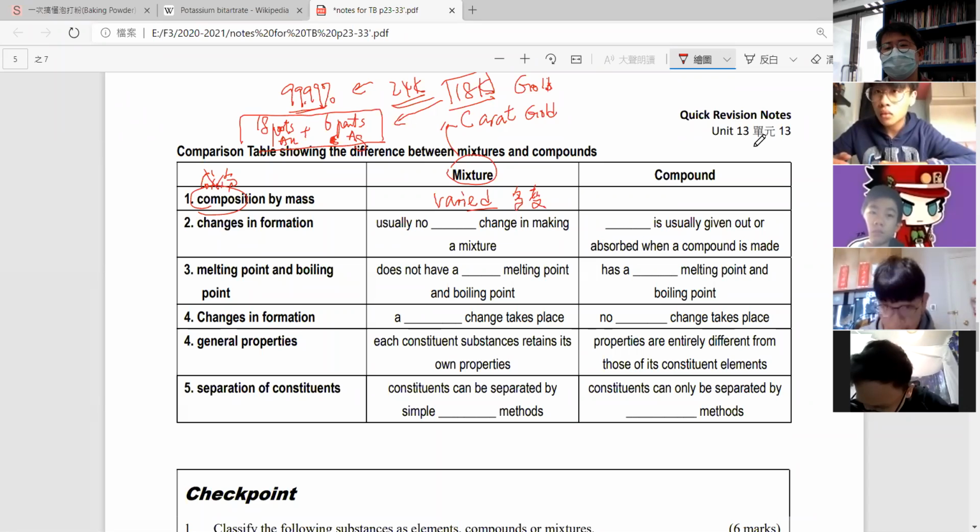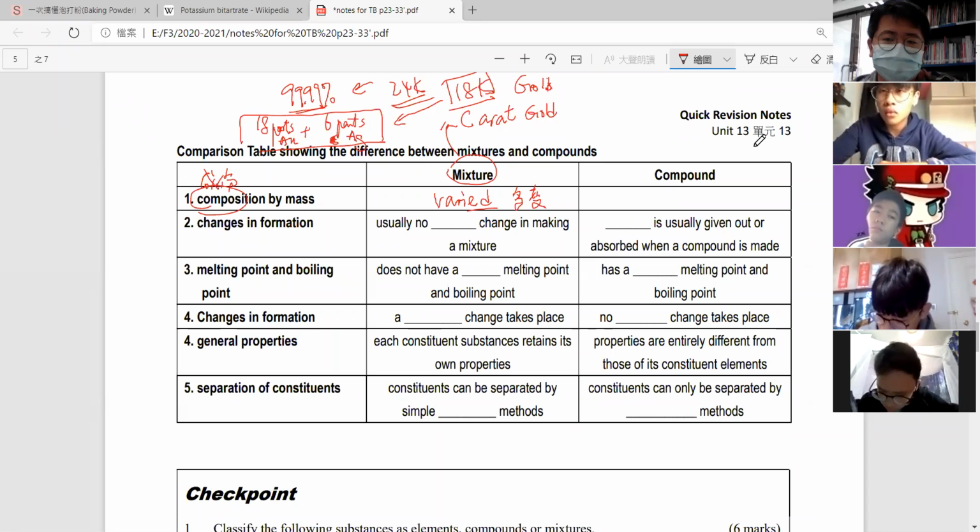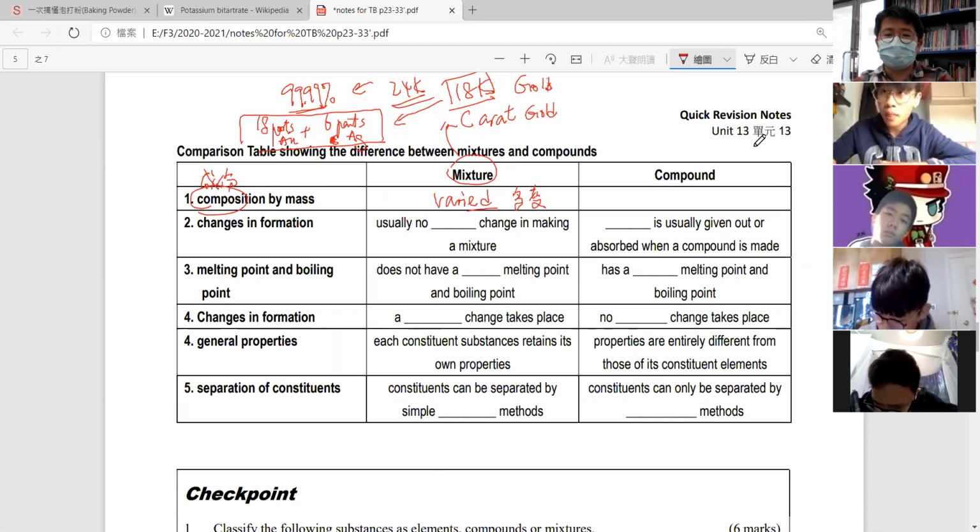Do you know the texture, the difference between them? What I'm referring to is the hardness. Do you know which one is harder? 18K gold 應該硬啲。 Yes, right. Because it's impure, right? So it is the mixture. It tells you the example of a mixture.